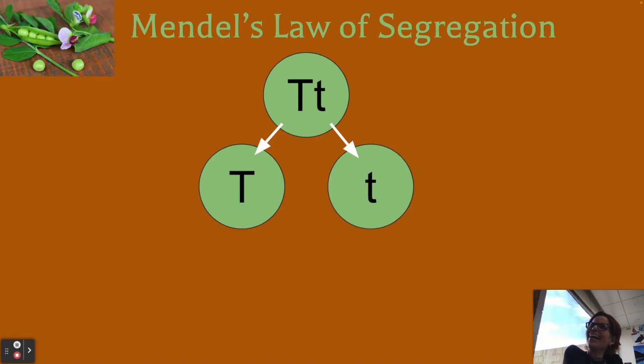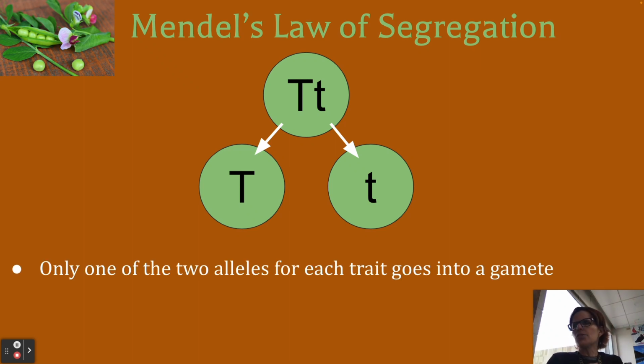Okay, moving on. Mendel's law of segregation. Remind me really quickly from history class, what does segregate mean? To separate. So only one of the two alleles for each trait goes into a gamete. So you have like 20 to 25,000 genes. Half of them go into one sperm or egg, and half of them go into the other sperm or egg.